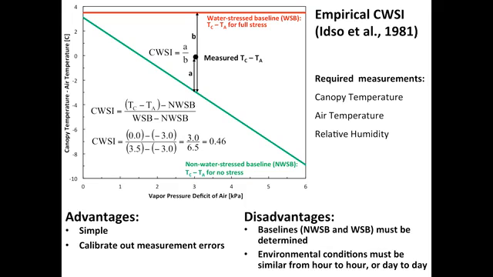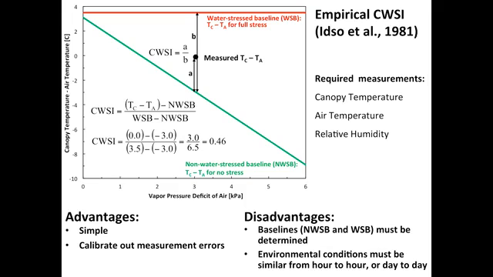Another major disadvantage is the environmental conditions must be similar from 1 hour to the next if we're going to compare hourly values of crop water stress index, or from 1 day to the next if we're going to compare daily values of the crop water stress index. The reason being, we said in the previous slide that multiple factors beyond the amount of soil water available for plants to uptake control canopy temperature.